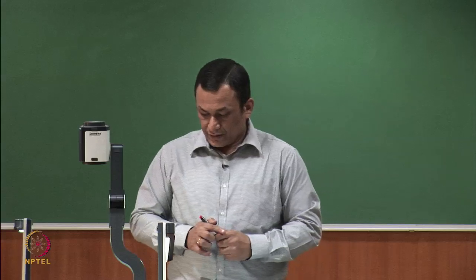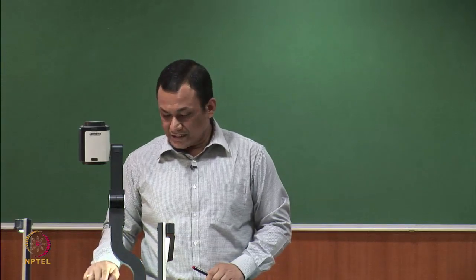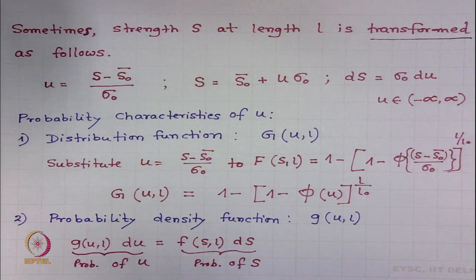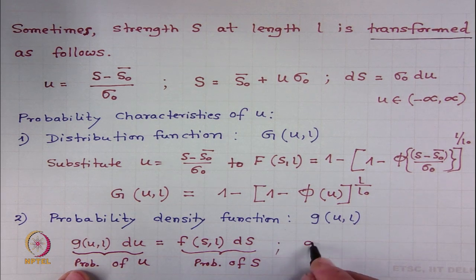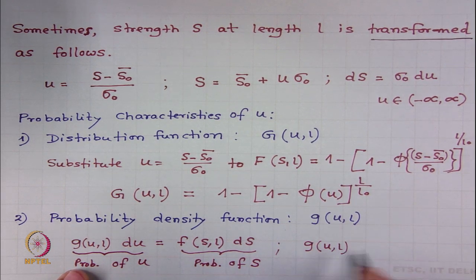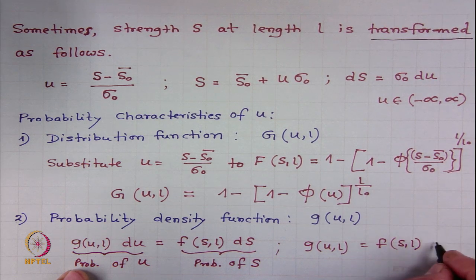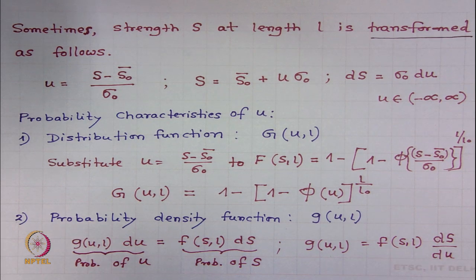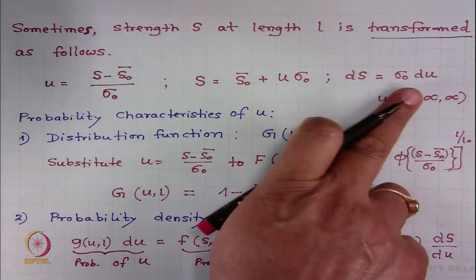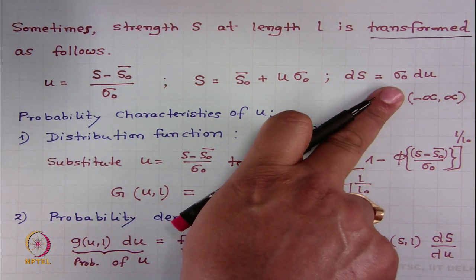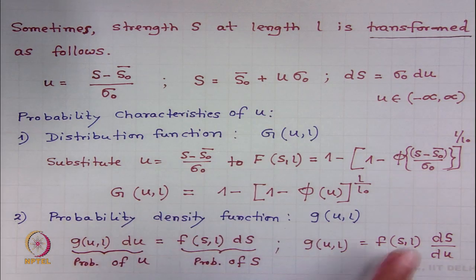Now, using this relation, we can easily obtain g U L, which is f S L into dS by dU. dS by dU is sigma naught, and what is f S L?